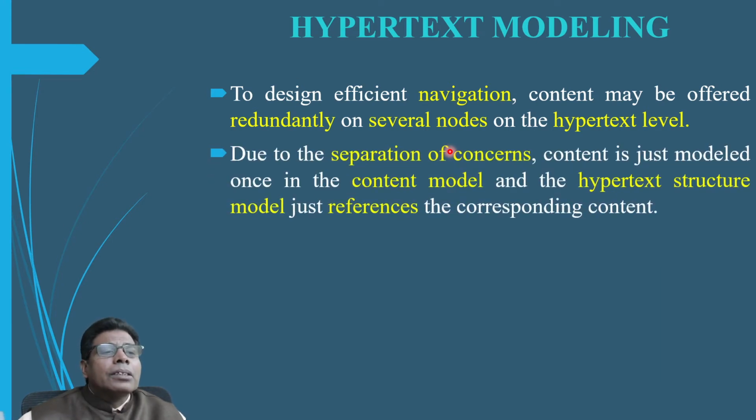Then due to the separation of concern, this concept in software engineering you have learned. So every particular code will have different functionality, that is the separation of concern. So content is just modeled once in the content model, and the hypertext structure model just references the corresponding content.